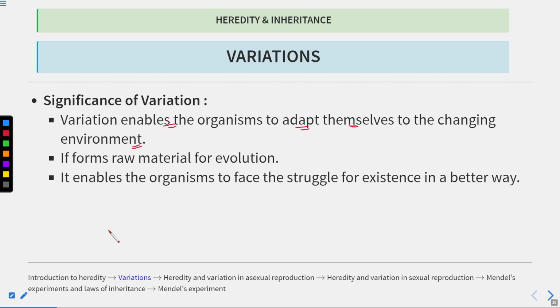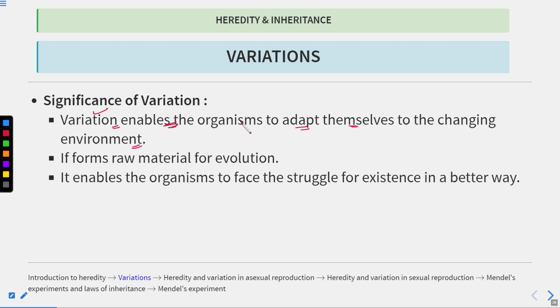So if the environment is changing, then accordingly, if the organism is not able to adapt to the environment, it will become extinct. These variations help organisms adapt to the environment. For example, if there was a colony of bacteria and you add an antibiotic, due to variations or mutations, some of the bacteria become resistant to this antibiotic, so those bacteria will be selected.